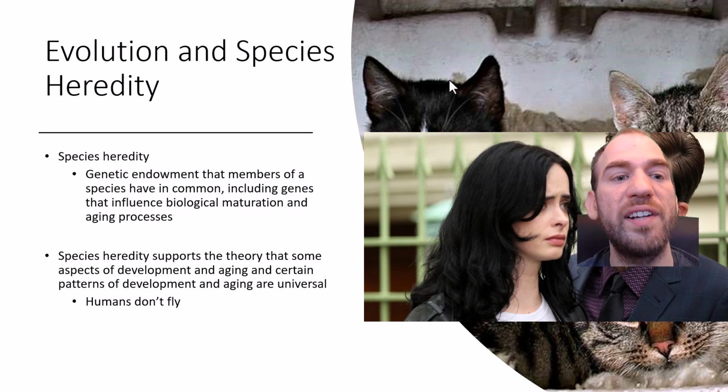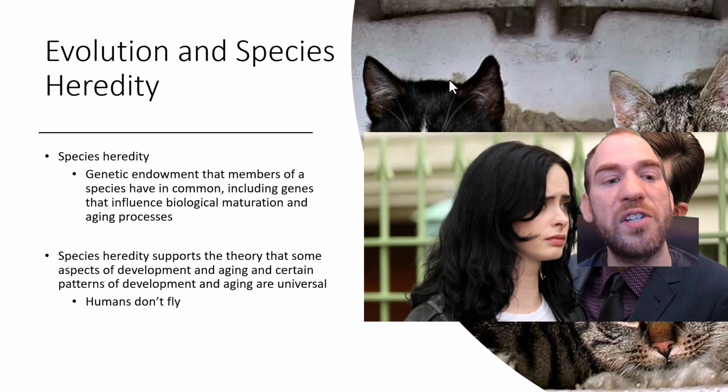Beginning with species heredity, a genetic endowment that members of a species have in common. It includes genes that influence biological maturation in the aging process. Species heredity supports the theory that certain patterns of development and aging are universal. Humans don't fly. So the idea here is that we are all humans.